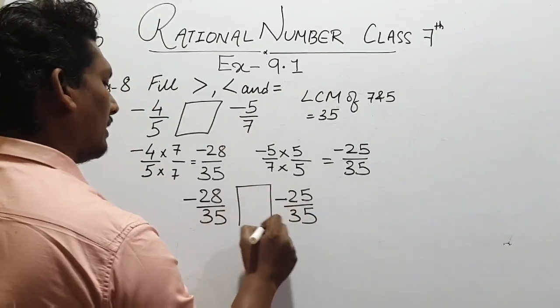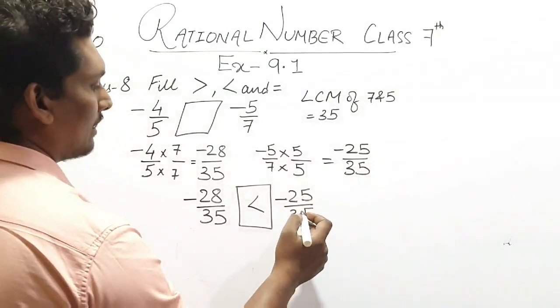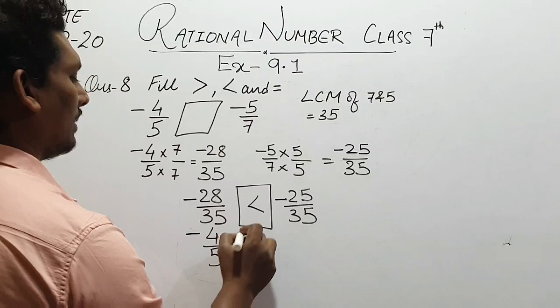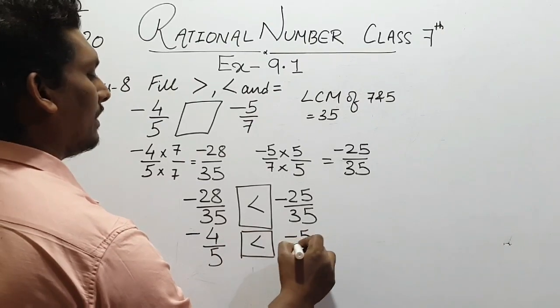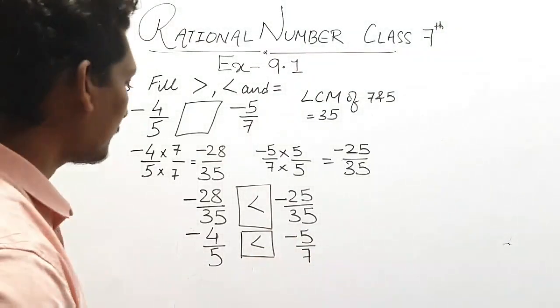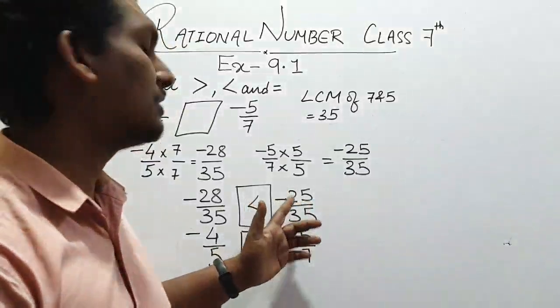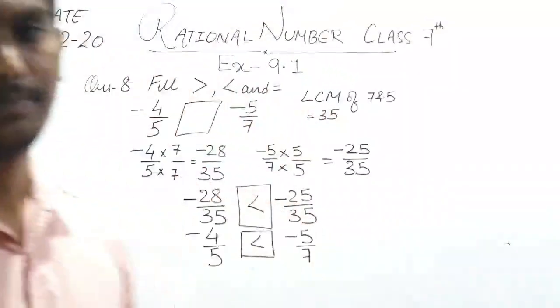So which one is greater? The smaller one, that is minus 25 by 35, that is minus 5 by 7, is greater than minus 4 by 5. So always remember one thing: in negative numbers, the smaller number is greater. Okay, just go through it.